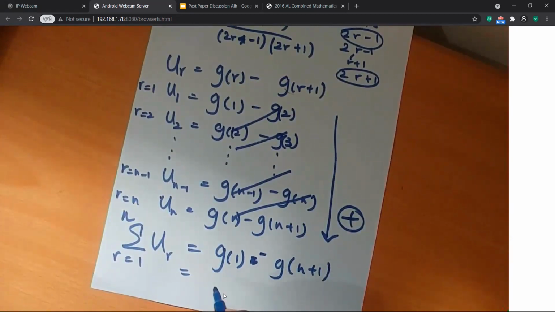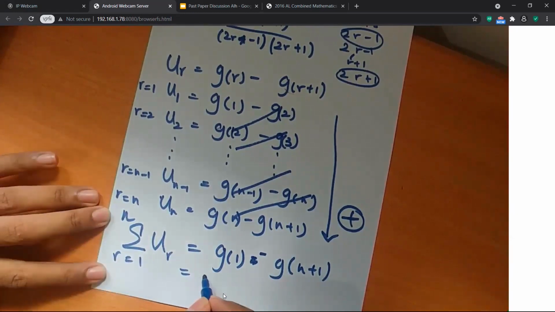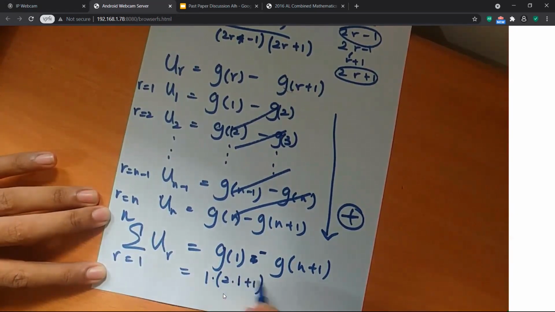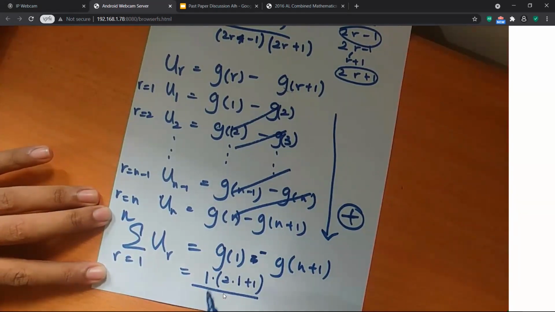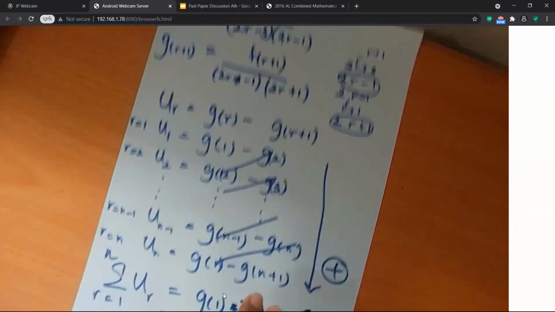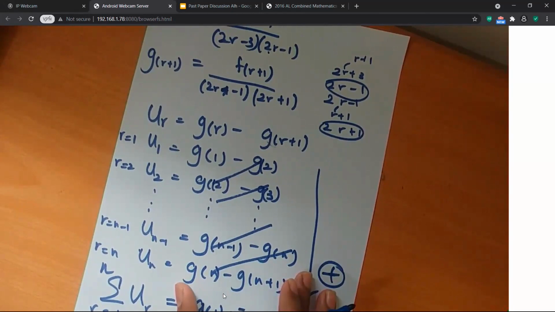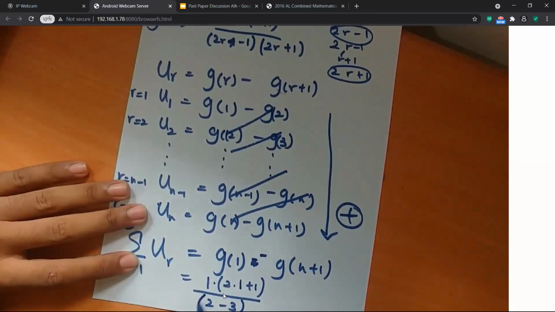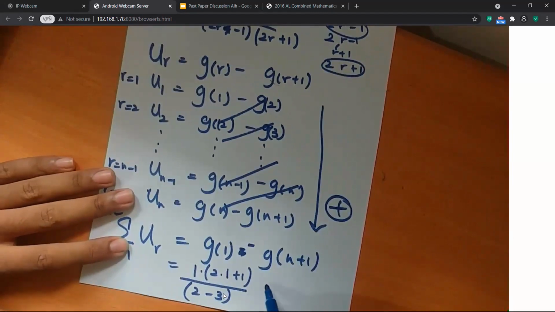So g1 is equal to 2 times, for r I substitute 1, 2 times (1 plus 1), this is fr, divided by the whole thing by (2r minus 1)(2r plus 1), where r is substituted with 1. Then minus g(n+1).